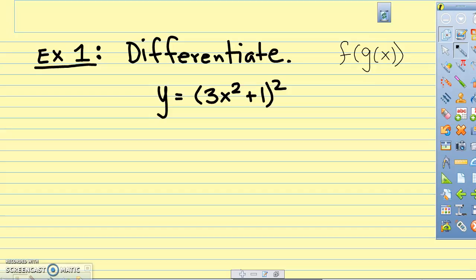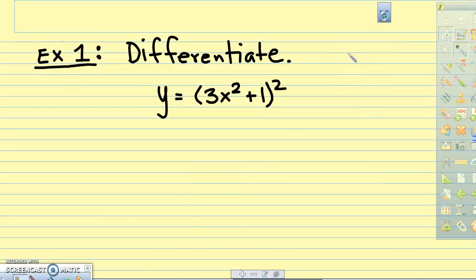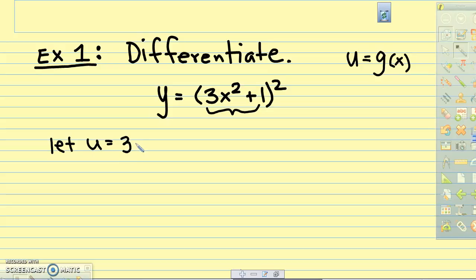Remember that in the last slide you wrote that u has to be g of x. So let's do that. The inside function here is 3x squared plus 1. So let's let u equal 3x squared plus 1.